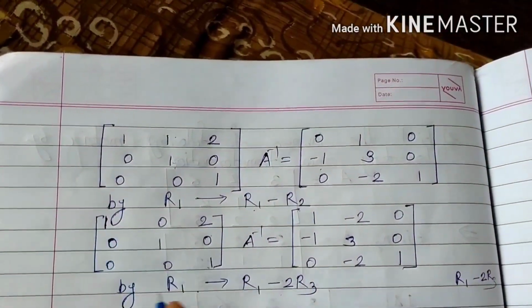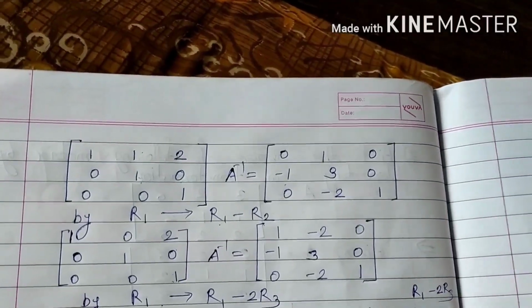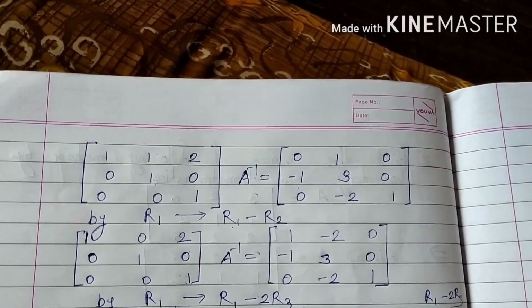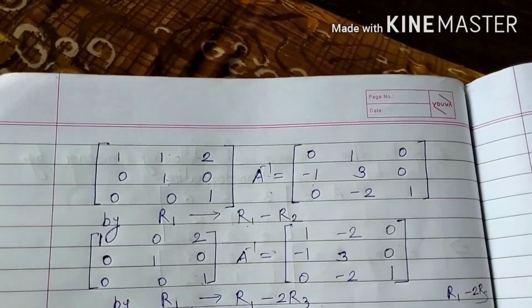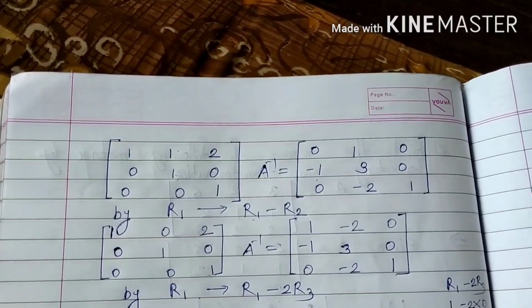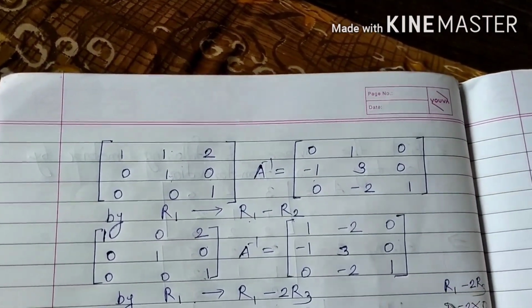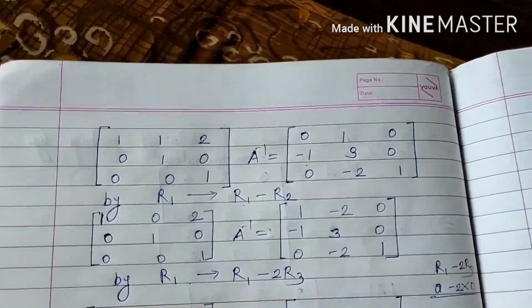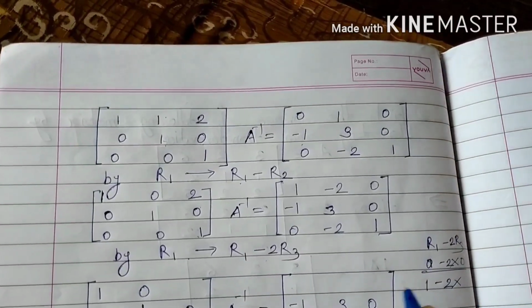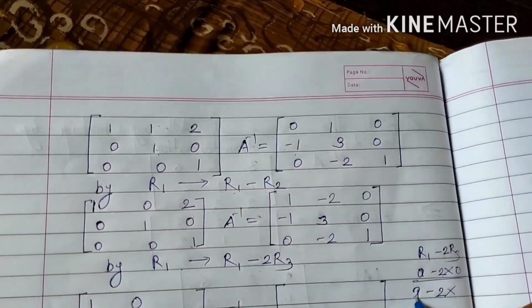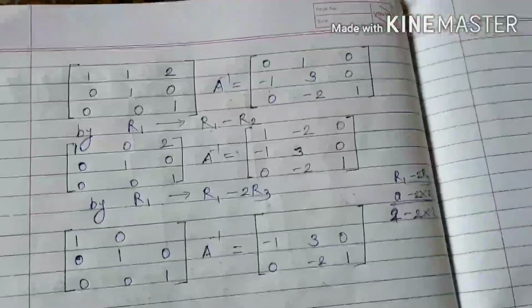R1: 0 minus 1 means it is 1. 1 minus 2 into 0, so it will become 0. Next, 2 minus 2 into 1, it will become 0.